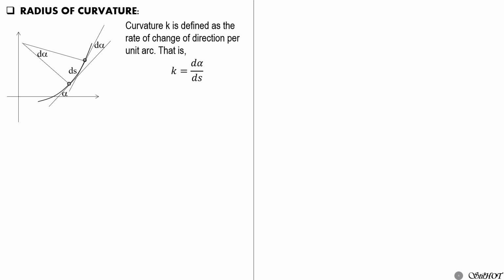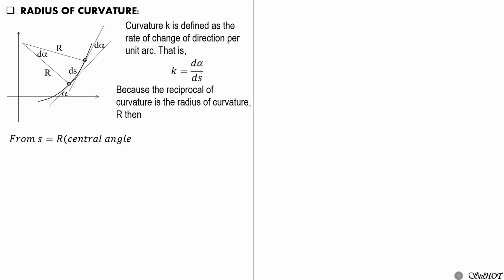So because the reciprocal of curvature is the radius of curvature, then from arc length equals radius times central angle, S equals radius times central angle, that's the radius. So that means differential S is R times differential alpha.